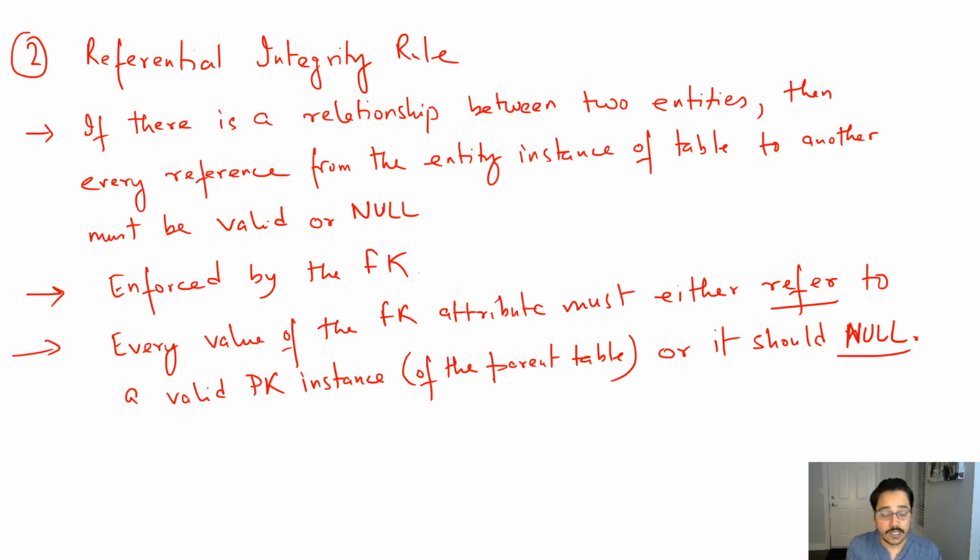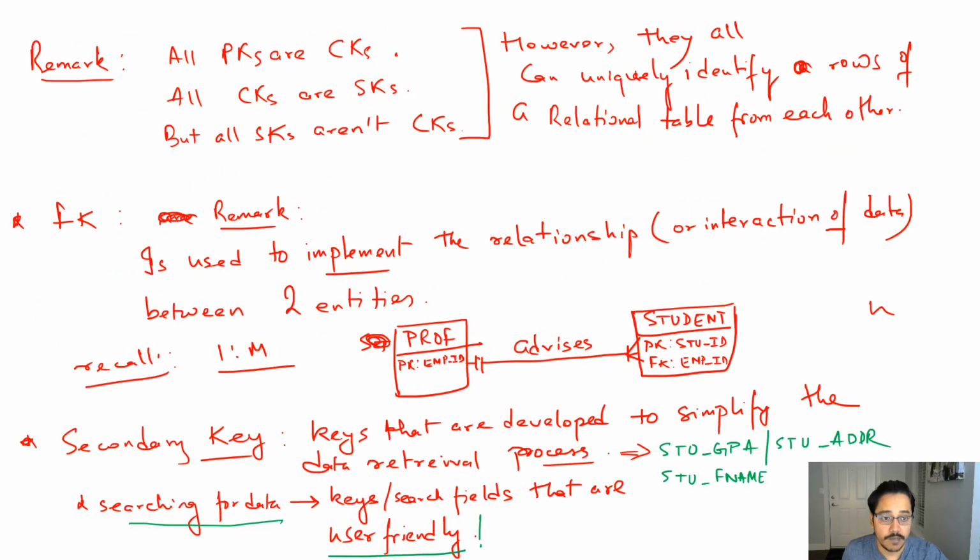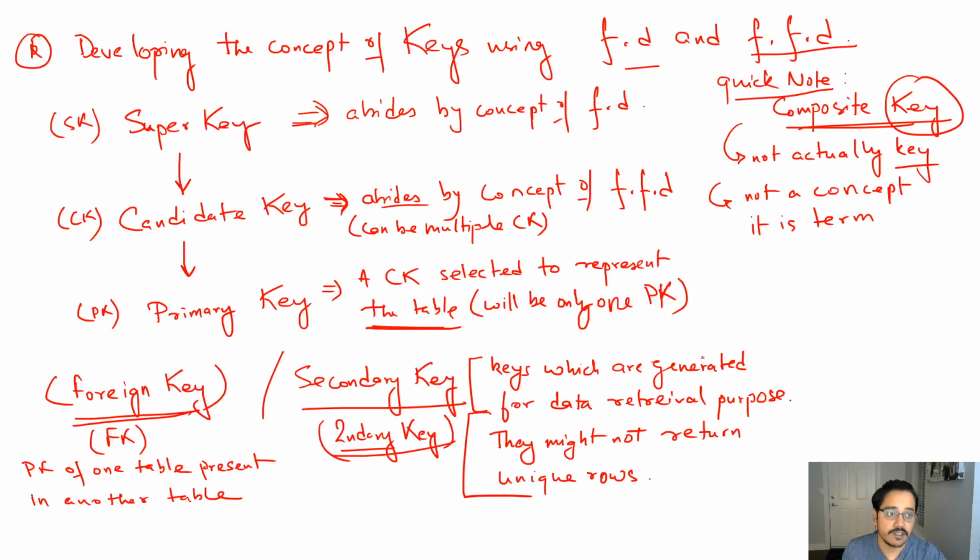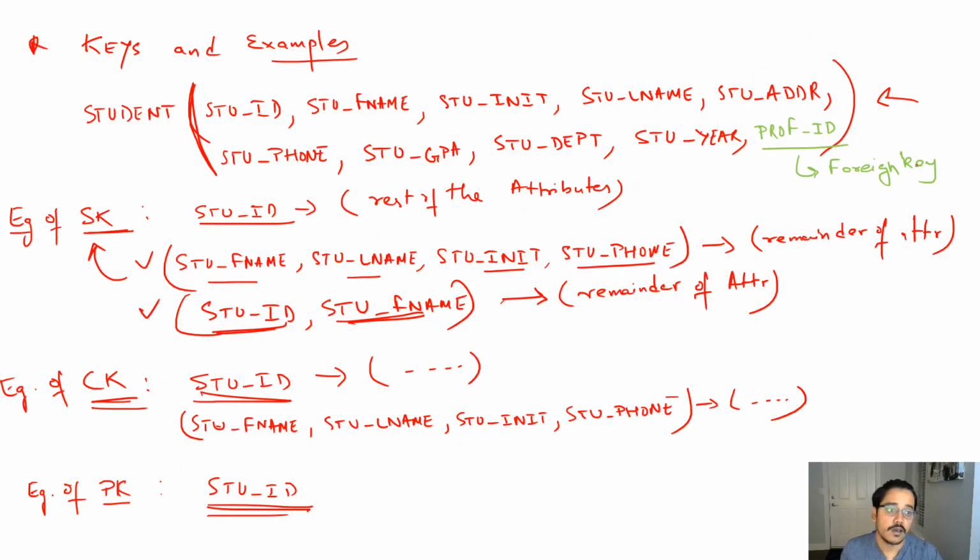So when we implement this situation, some of the students might have this value as null, which is not a problem because that only expresses that that particular student doesn't have any professor as their advisor, and that is about it.